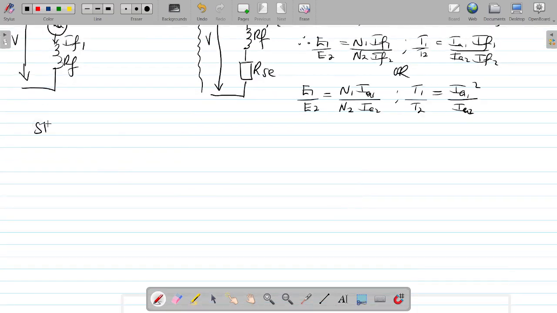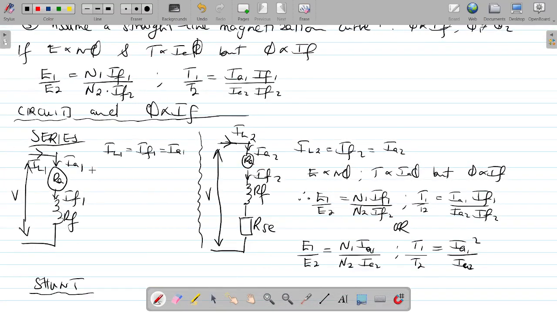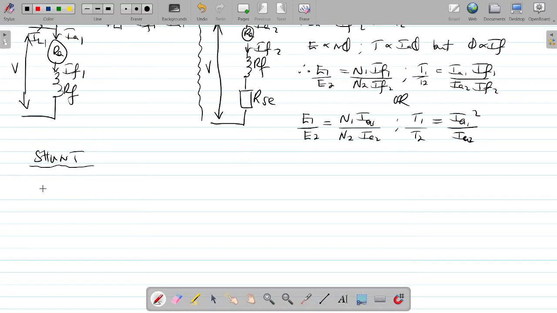Next, going to the shunt. We're still discussing flux being proportional to the field. So for the shunt original circuit, there's my resistance.